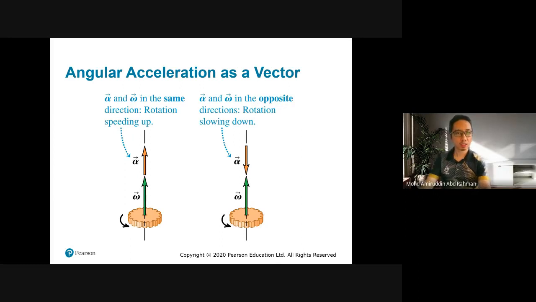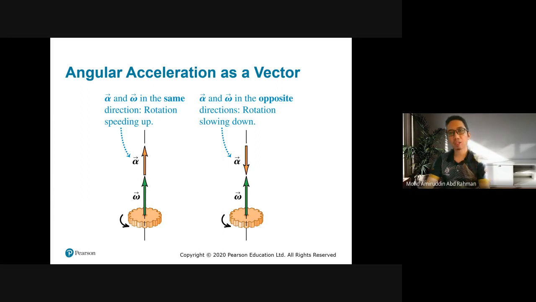Okay, now the direction of the angular acceleration and the angular velocity. Here we have alpha, which is the angular acceleration, and omega, which is the angular velocity. If they are in a similar direction, the rotation is speeding up.